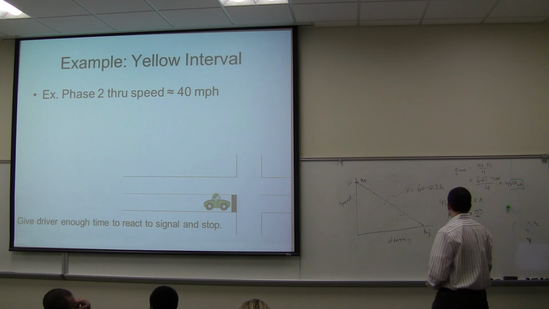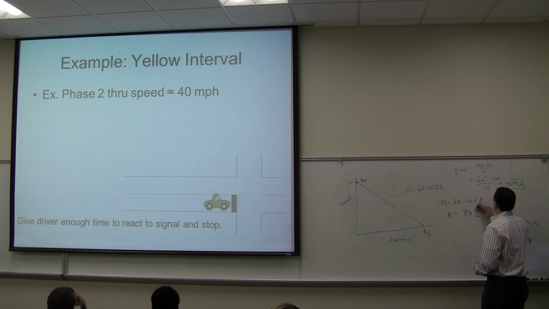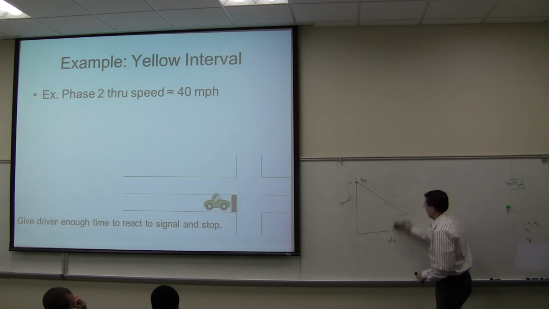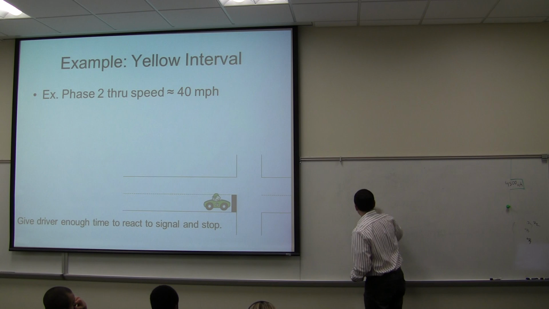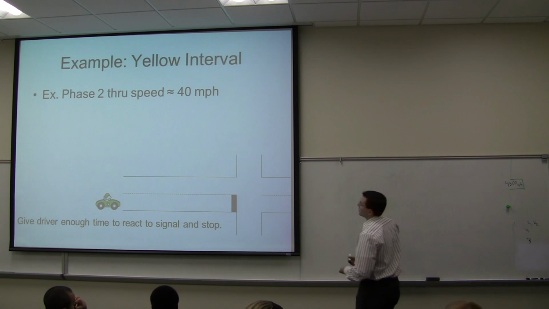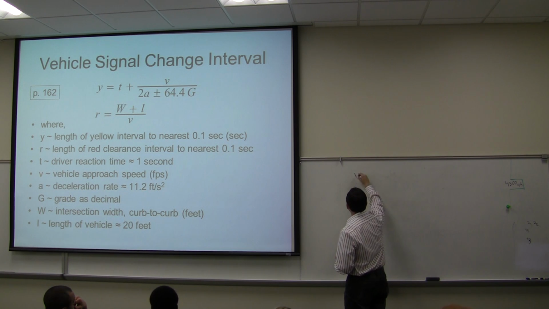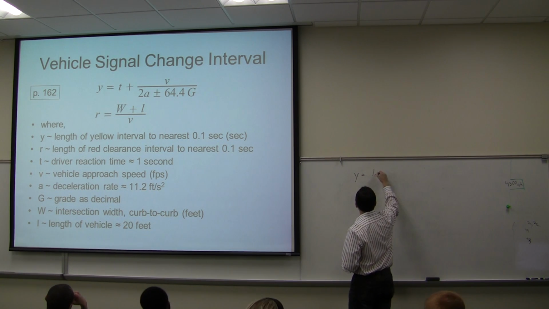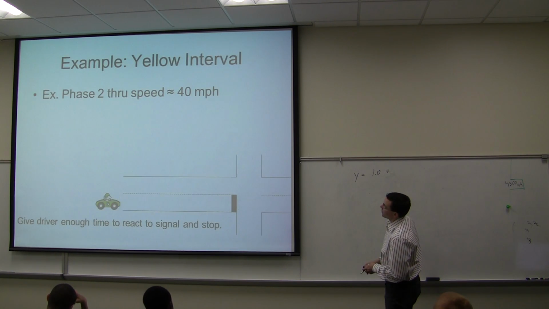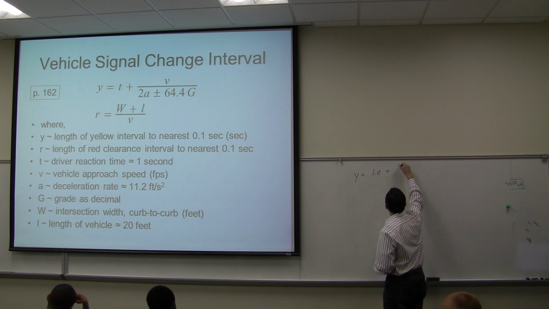So let's calculate the yellow interval. We've got 1 for the reaction time. Our speed was, what, 40 miles an hour?